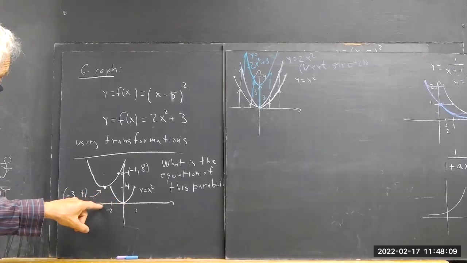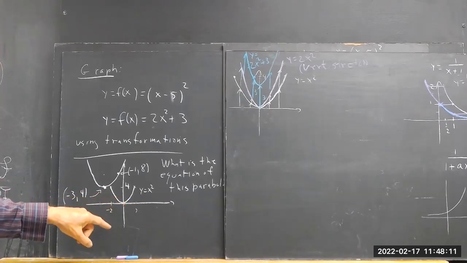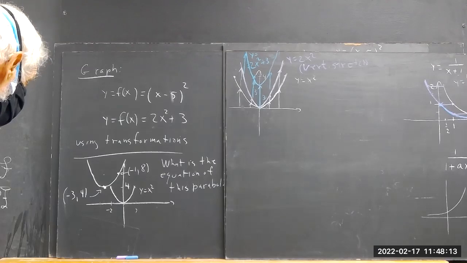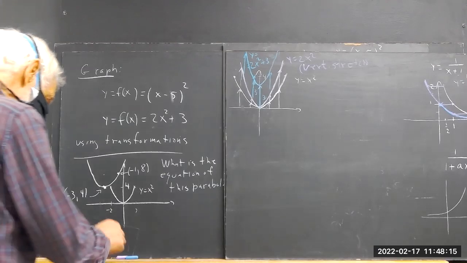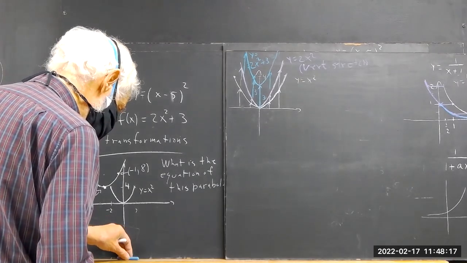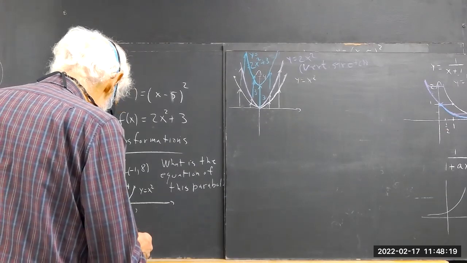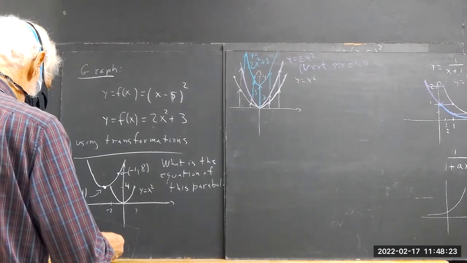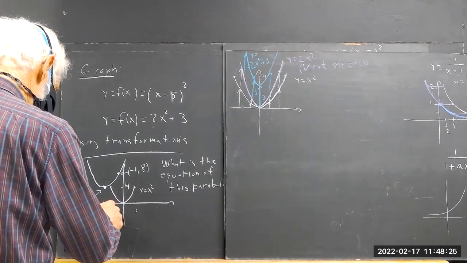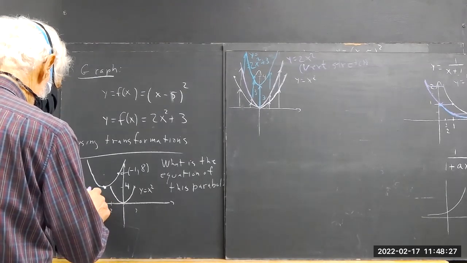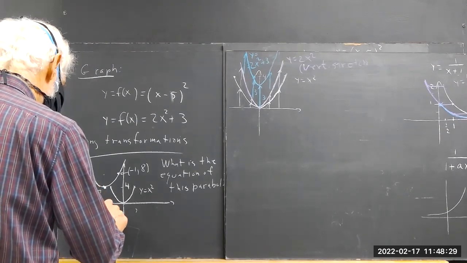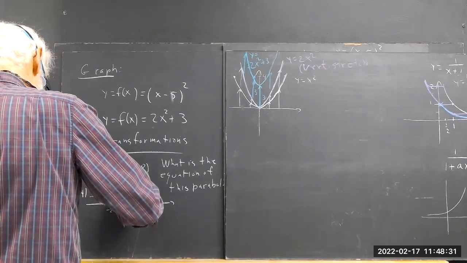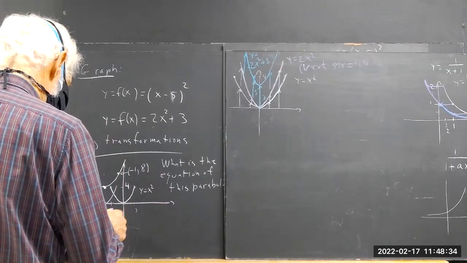To move 3 units to the left, that's in the horizontal direction. So if we move this graph 3 units left, it's going to go here.